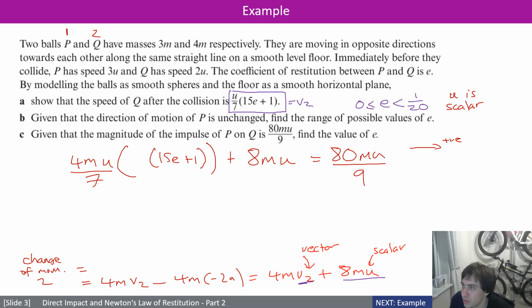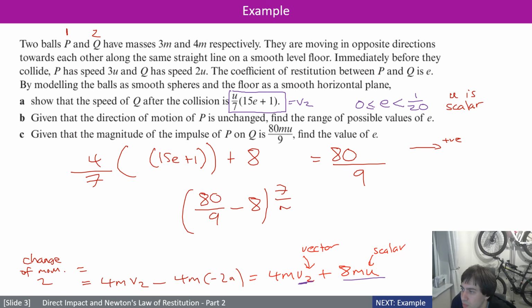Divide by m and u. Here it's gone, and here it's gone, and here it's gone. Perfect. So now all we're left with is numbers and e. So we're going to do 80 over 9 minus 8 times 7 over 4, and that is all equal to 15e plus 1. What's that equal to?